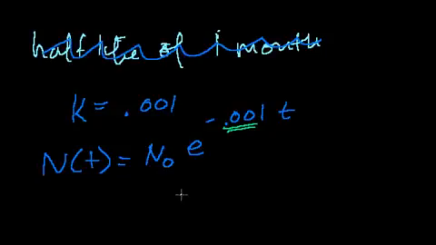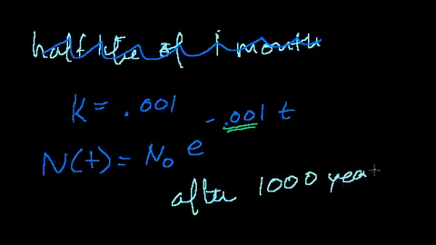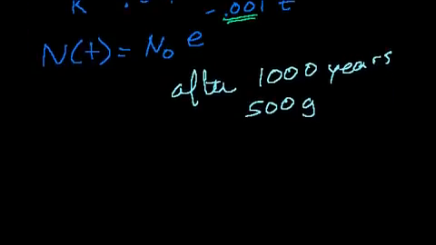Let's say this is the formula, and that after, I don't know, 1,000 years, I have 500 grams of whatever element is described by this decay formula. How much did I start off with? Essentially I need to figure out n sub 0.